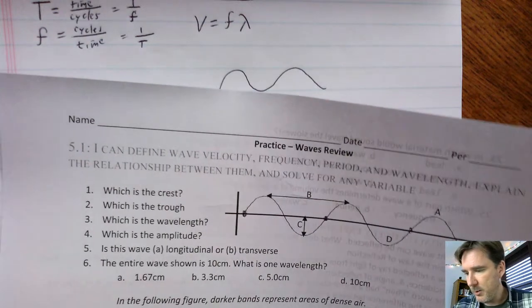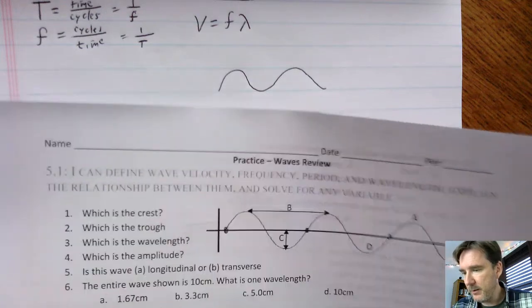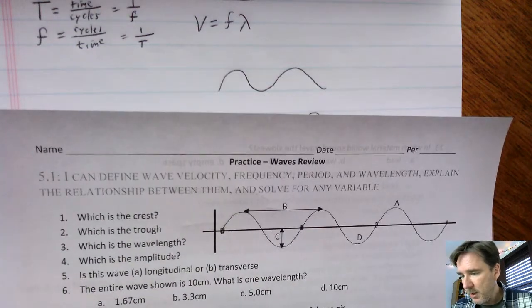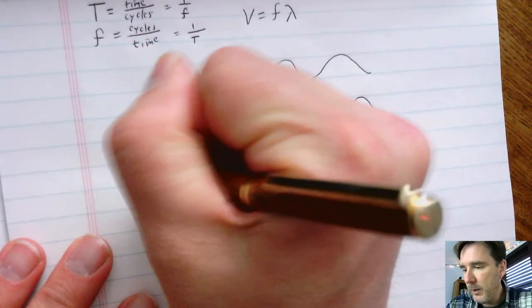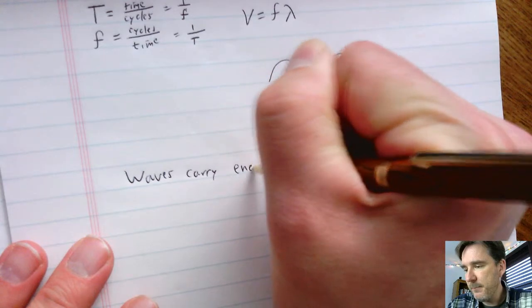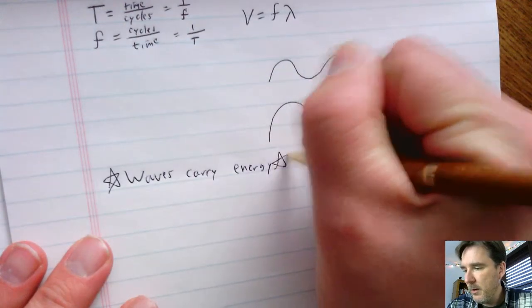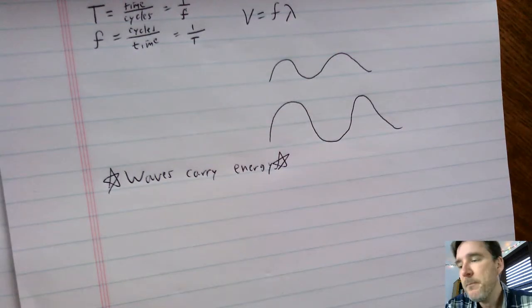Here, I'm going to write this down because this is important. Waves carry energy. Okay, big note right there. That was on the notes, I think, a couple times. That's the idea.